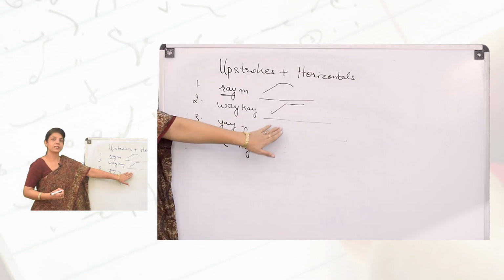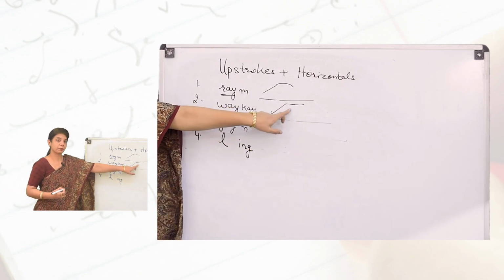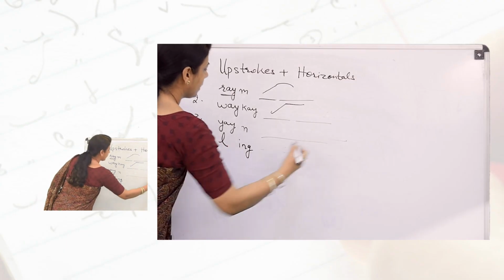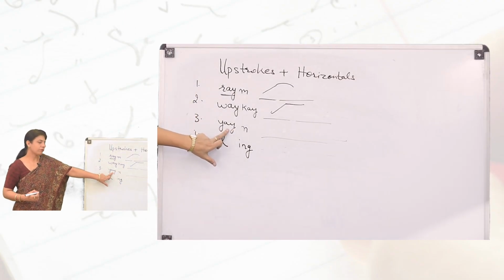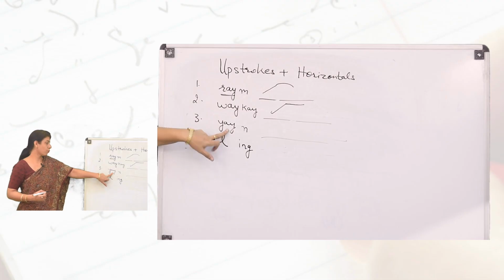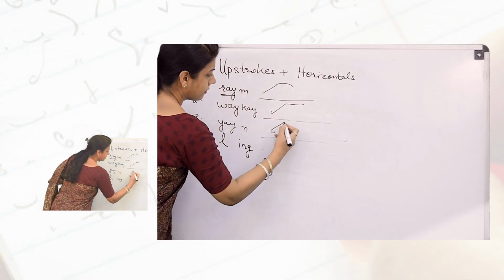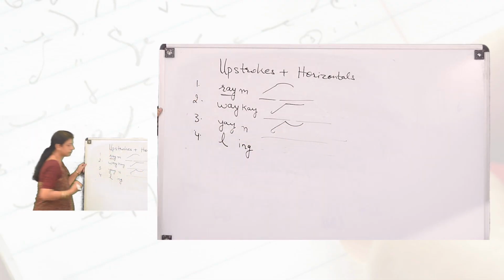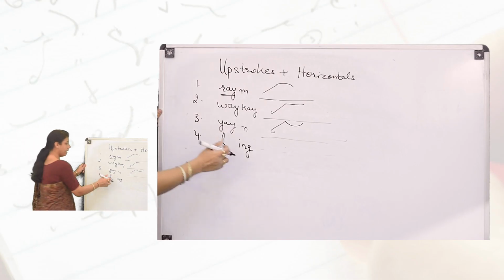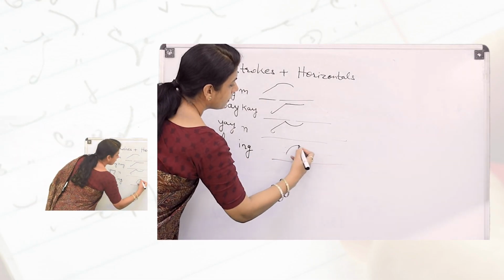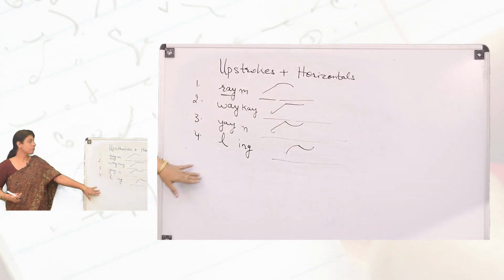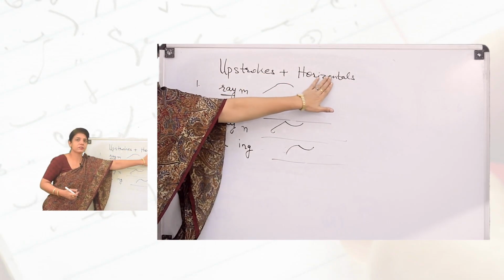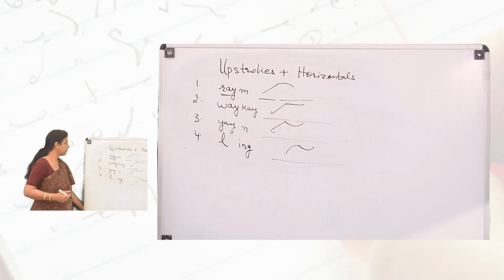So this is how we write Way and K at the first place. Next is joining of Ye and N. Ye being the first consonant, it has to be written only above the line and followed by N. L above the line, and this is ing. So these are the examples of upstrokes plus horizontals at first place.